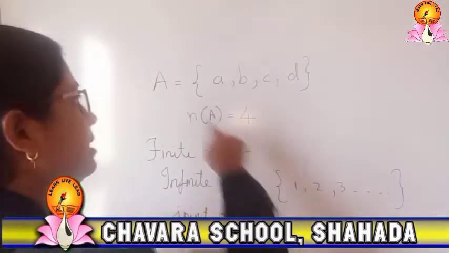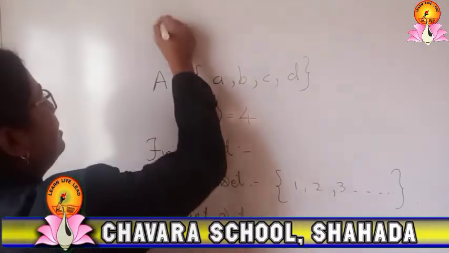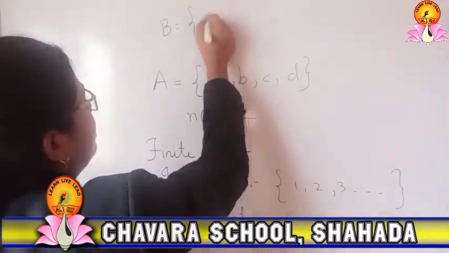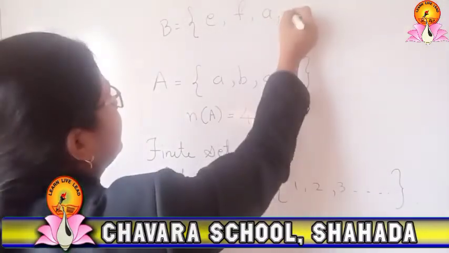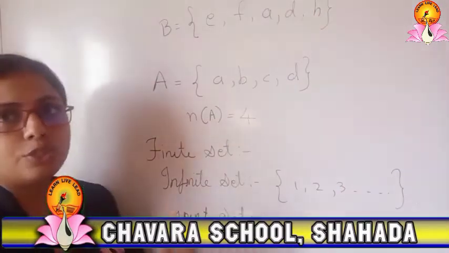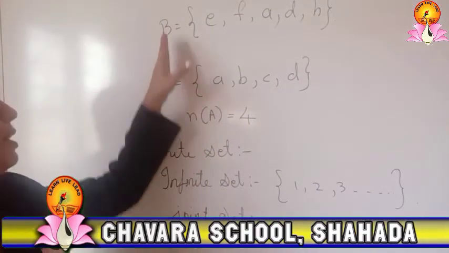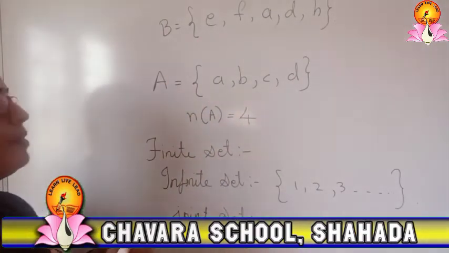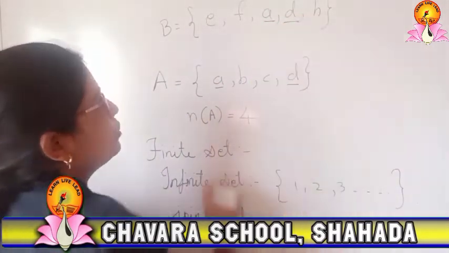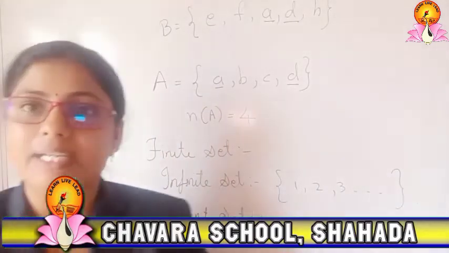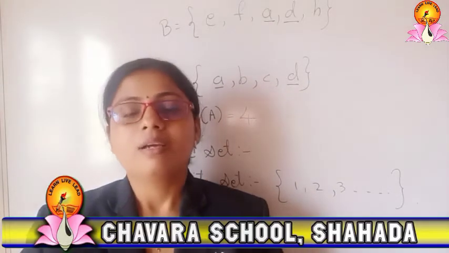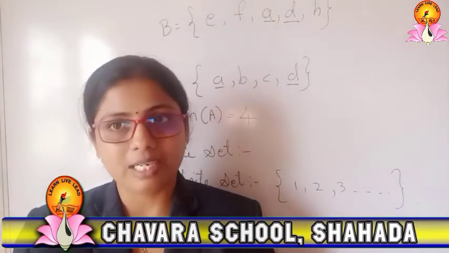Now suppose this is set A, and the next one is set B. In set B I am writing E, F, A, D, H. You can see two sets are formed. In these two sets, what is common? You can see A is common, D is common. So at least one element is common. So that set will be known as a joint set or overlapping set.